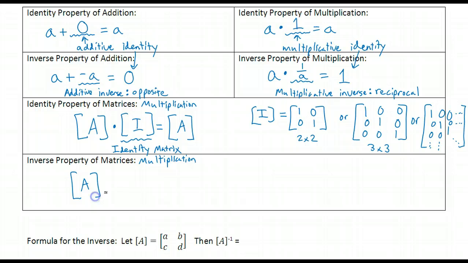I'm going to start with matrix A. I'm going to multiply by something, and I need to get the identity for an answer. So what do I need to multiply by? Well, I need to multiply by the inverse of matrix A. This little -1 power means inverse.